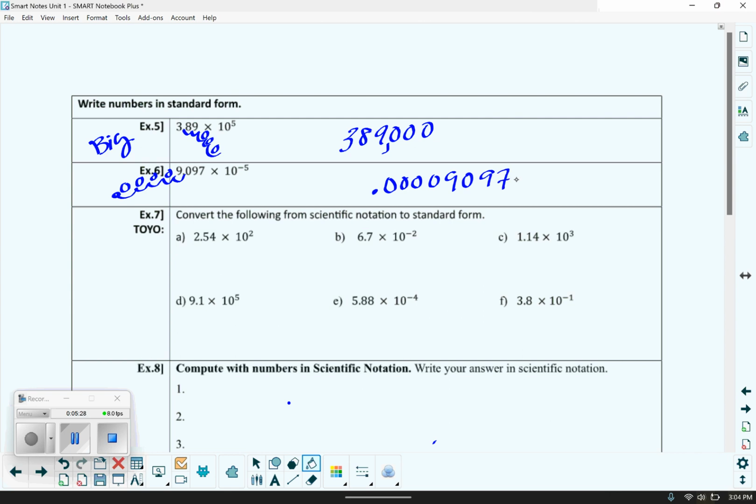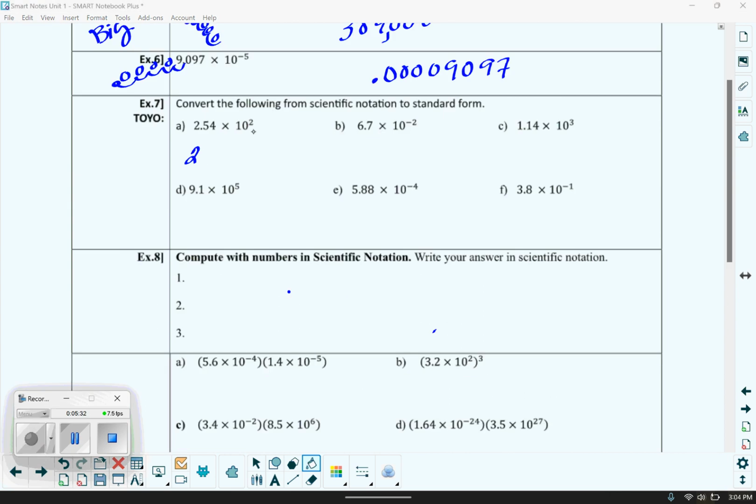Okay, these again, I want you to try on your own. So pause me, try them, and then come back to me. Okay, this is going to be move my decimal 2 places, so 5, 4. This is small by 2, so 1, 2, so it's 0.067. This one's bigger by 3, 1, 2, 3, fill it in, 1, 1, 4, 0. Big by 5, 1, 2, 3, 4, 5, fill in with zeros.